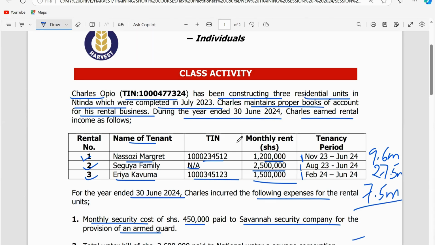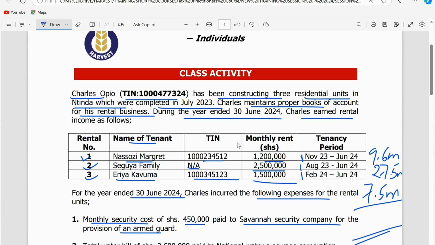Now, let's get the total. We are totaling up 9.6, 27.5, 7.5. What is the total? How much has Charles derived for the entire year in focus?